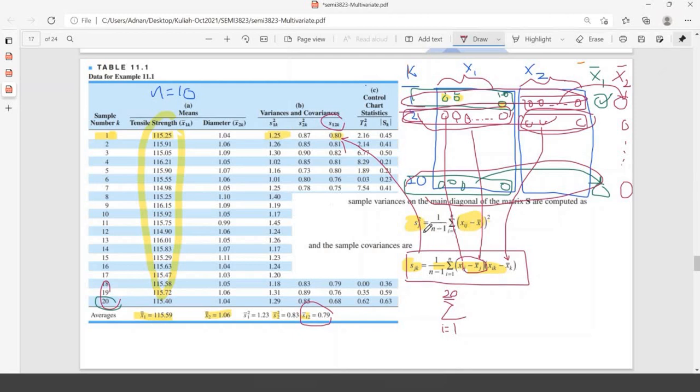So in this case, you are taking the covariance. Sorry, you are taking the variance. The variance of this. So in this case, n is going to be 10. Remember this is 10 on this side.